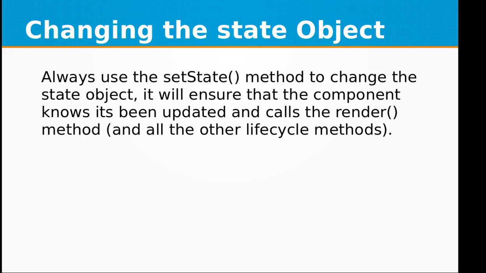Always use the setState method to change the state object. It will ensure that the component knows it's been updated and calls the render method and all the other lifecycle methods. This was all about state in React.js and how to use and modify it at runtime.